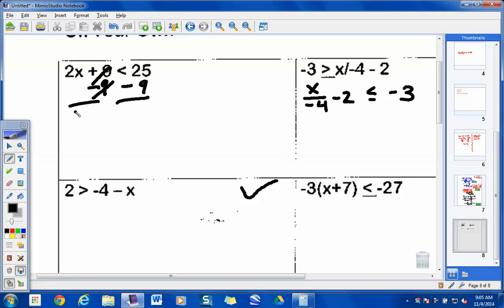See if they're paying attention. 2x. I totally agree. You're right on track, Taryn. Good job. Everybody agree so far? Okay. 25 minus minus 16. And then we divide by 2. Divide by 2. All right.